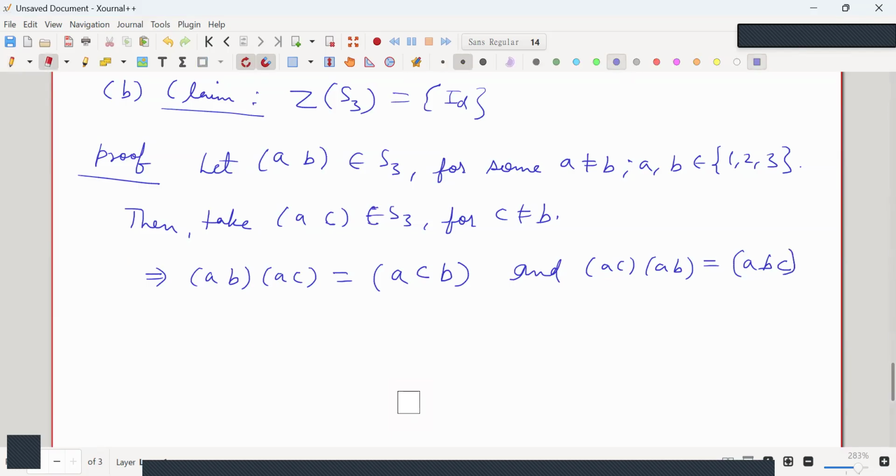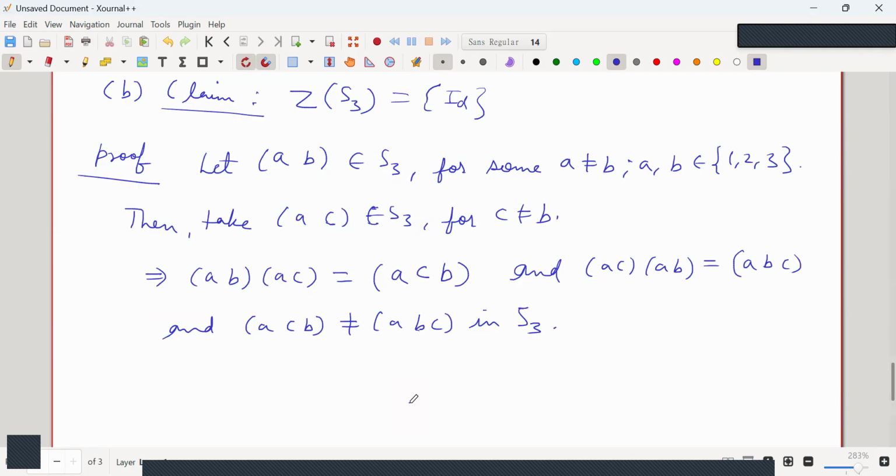And these two are distinct cycles, right? And (A C B) is not the same as (A B C) in S3, because they are not in cyclic order. A, B, C, if it would be B, C, A or something, then it's fine. But the order is changing. So it's like (1 3 2) and (1 2 3). They are not the same in S3.